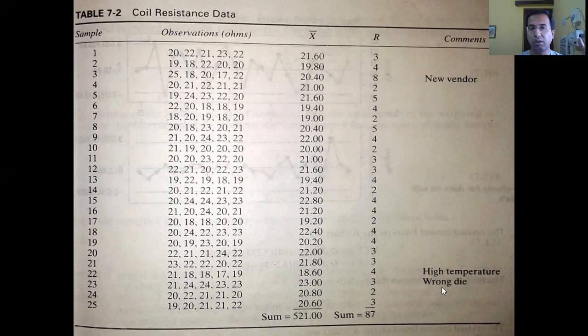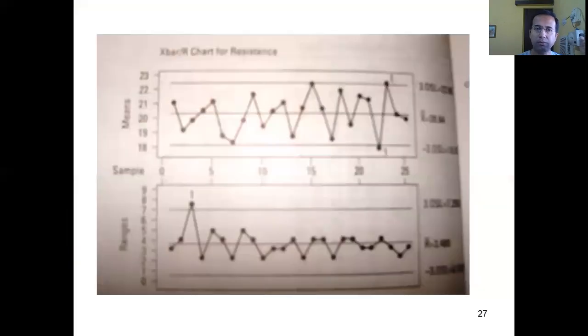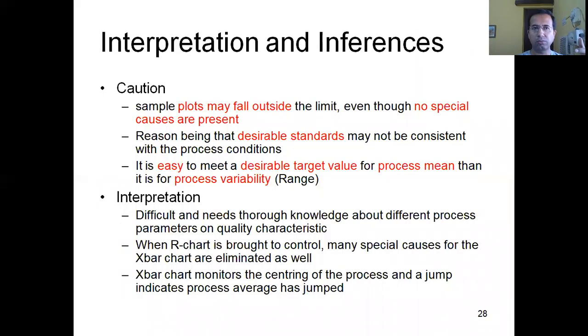They found out that high temperature was there and the wrong die was used, which was a special cause of variation, and a certain supplier was new. Because of that, there is a problem. So these are the control limits. One point was falling below over here in X bar and one point over here above.